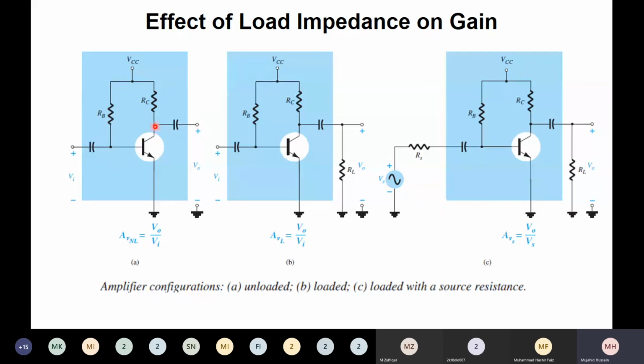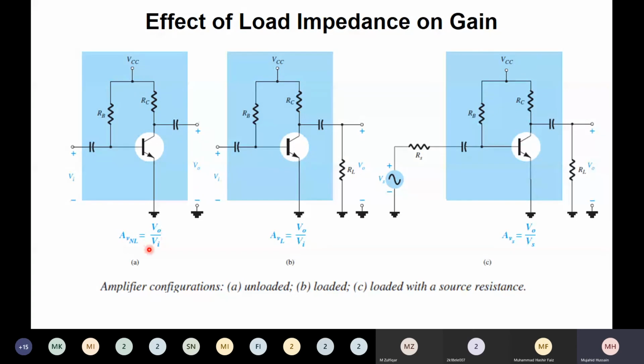No load resistance is included. Similarly, at the input side, no resistance. This is the no load situation, so the no load voltage gain will be the voltage at the output V naught to the value of voltage at the input, and this will be highest among all these three.